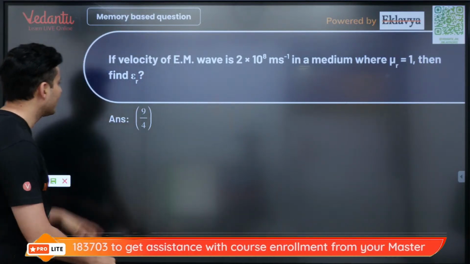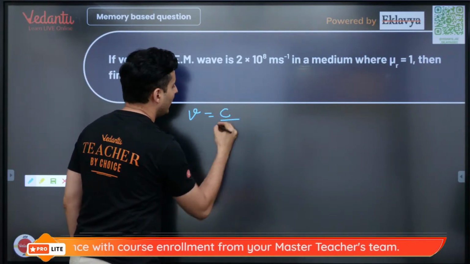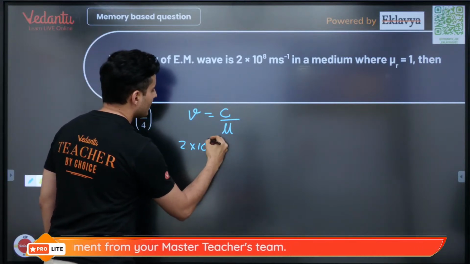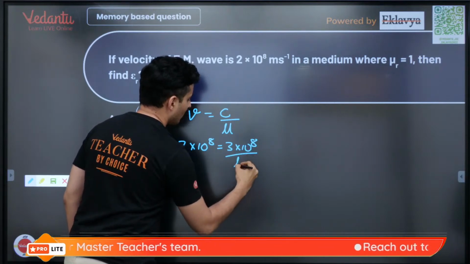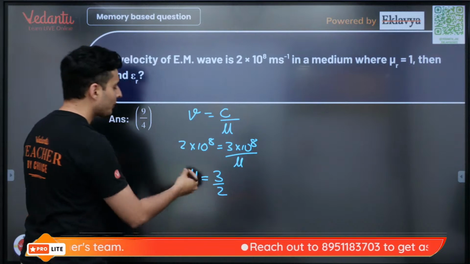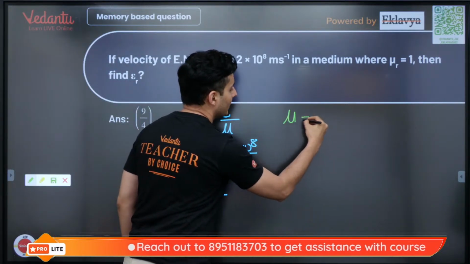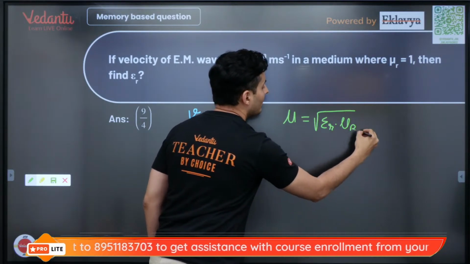Section B question, right? So, this is the speed. The speed is speed of light by the refractive index. Speed of light is nothing but 3 into 10 to the power 8. Mu is, I don't know, but I can find it out. Mu comes out to be 3 by 2. Now keep this in mind, refractive index is nothing but the square root of relative permittivity into relative permeability.